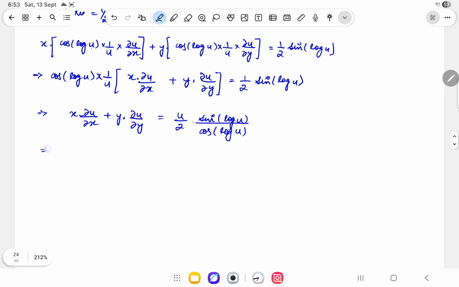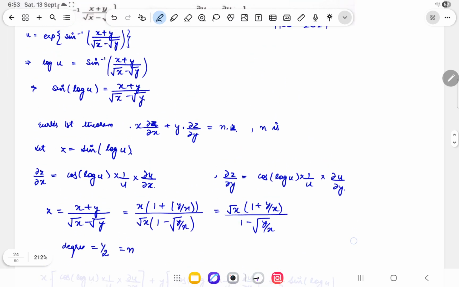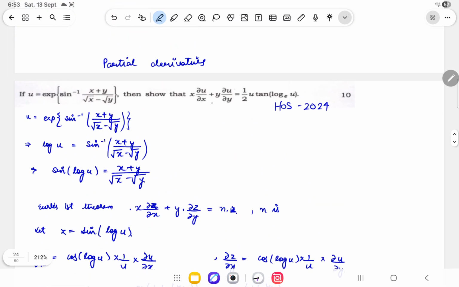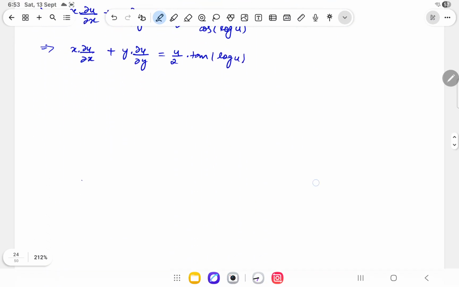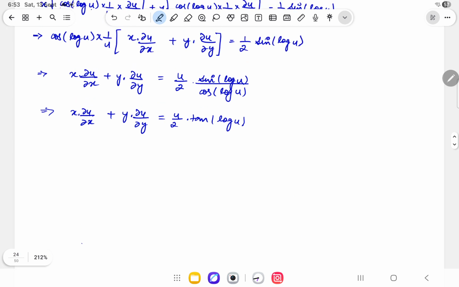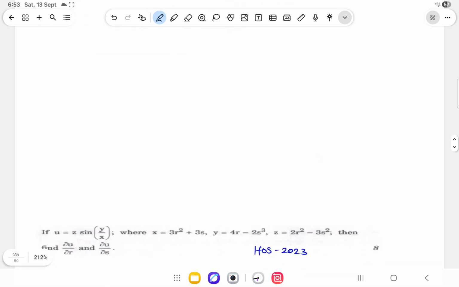So this gives me x into del u by del x plus y into del u by del y equals u by 2 into tan log u, and this is what we were supposed to prove in the question. So let's move on to the next question.